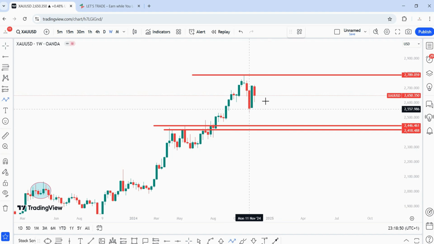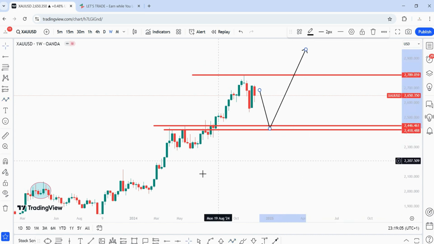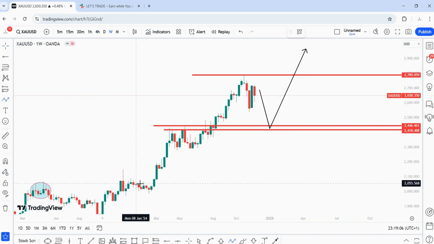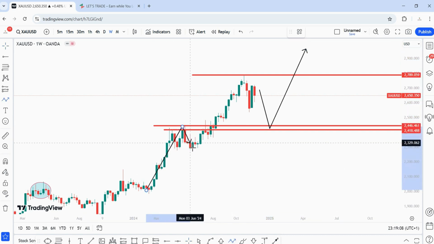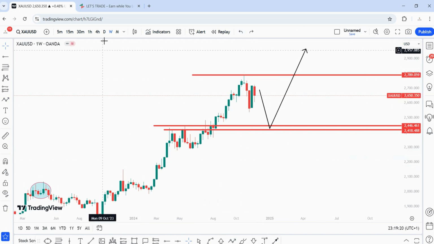My bearish target for now, before we go bullish, will be maybe for price to drop into this 2044.461 and 2418.488 region before we continue higher. Remember market structure, right? Higher low, higher high. We'll be looking for a higher low here before we go on to create a new higher high. At least that's what I'd like to see for now.